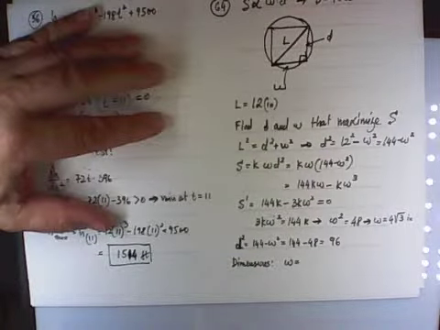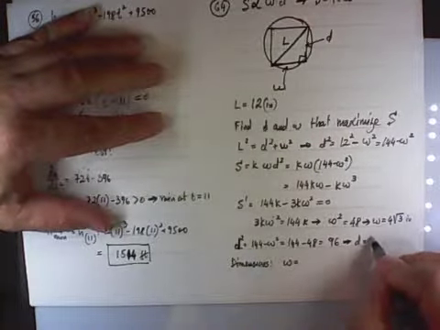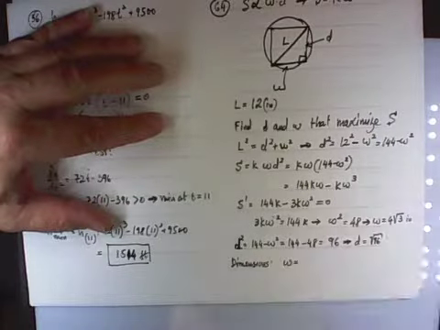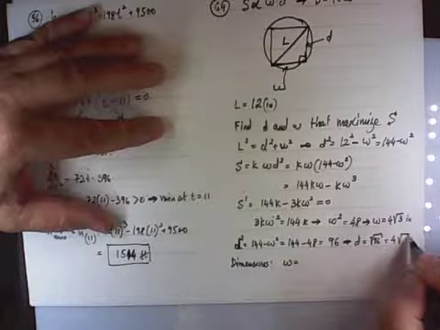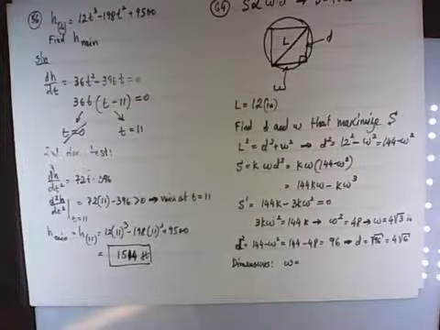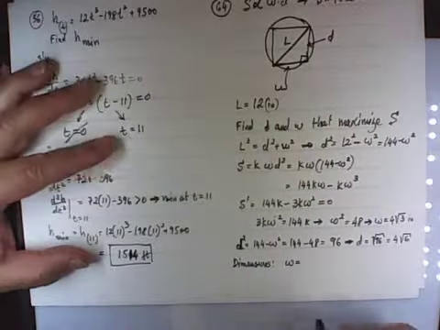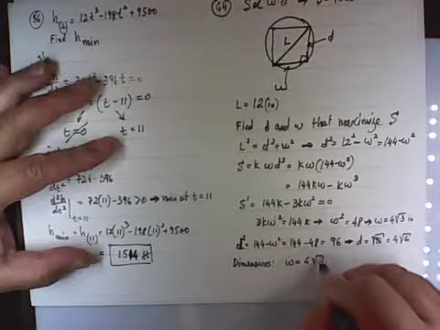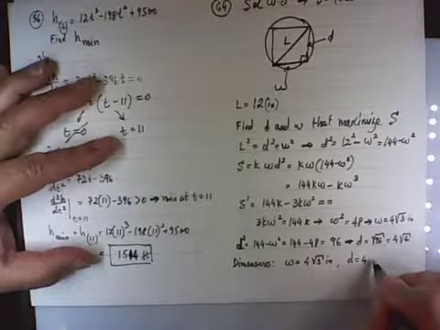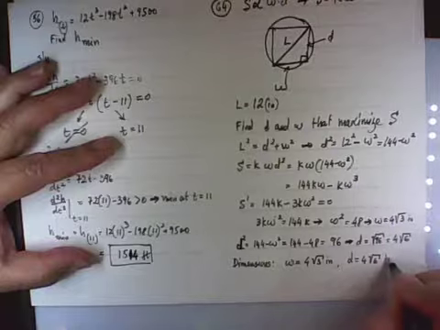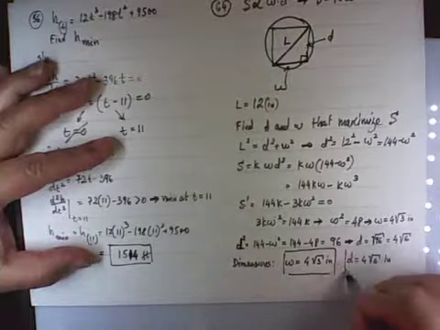The dimension of the strongest beam that can be cut from a log 12 inches in diameter. So D equals the square root of 96. 96 is 16 times 6, so it will be 4 times square root of 6. So W equals 4 square root of 3 inches, and D equals 4 square root of 6 inches. Is this the answer in the back? Probably they want it in decimal form.